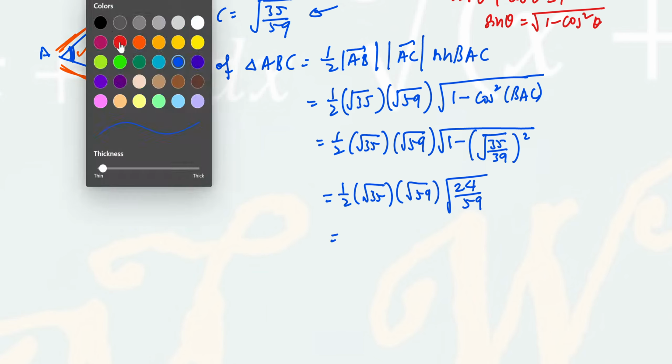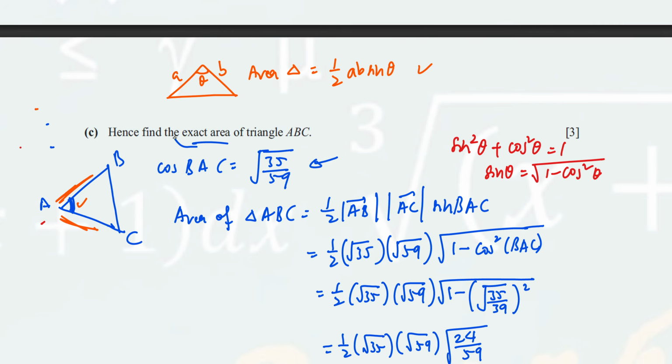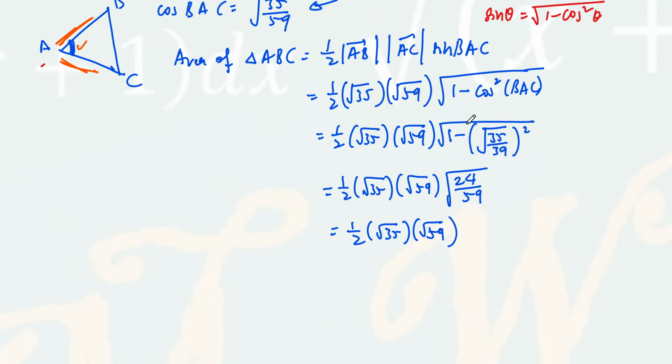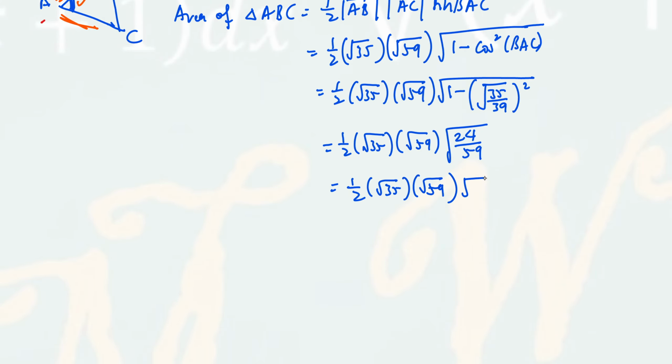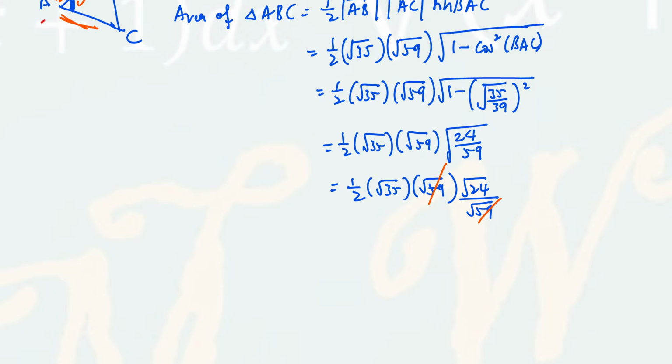From here, I can split. Okay, look at the question. You need to find the exact area. Exact area means no decimal. So this is square root 24 over square root 59. So the square root 59 can be cancelled off.